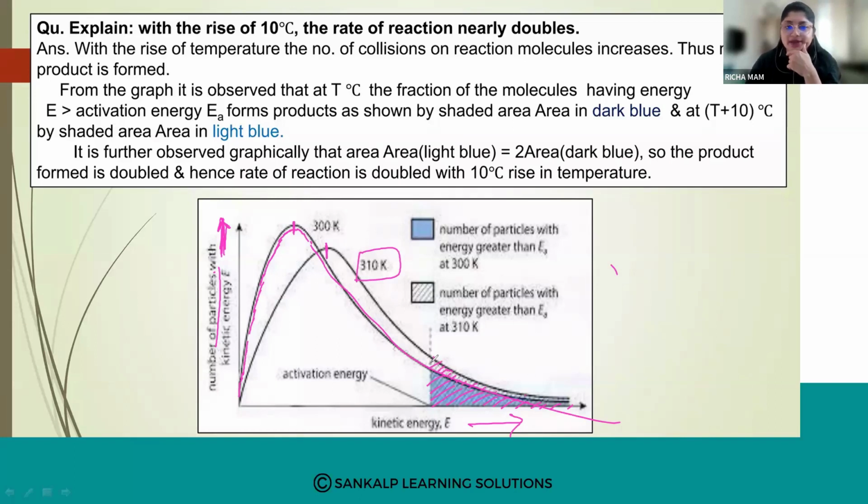So the product formed is doubled, right? At every 10-degree rise in temperature, whatever the product formed, it is doubled, and the rate of the reaction also is doubled.